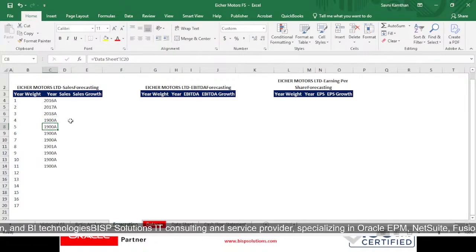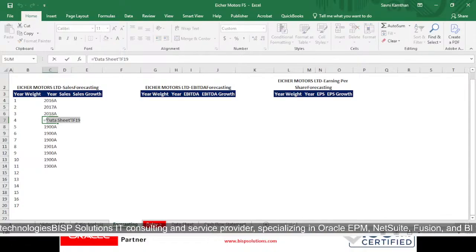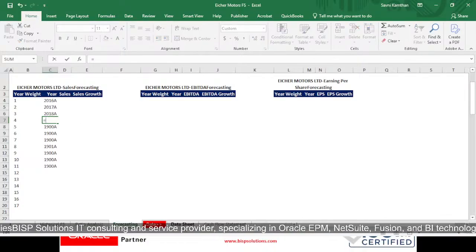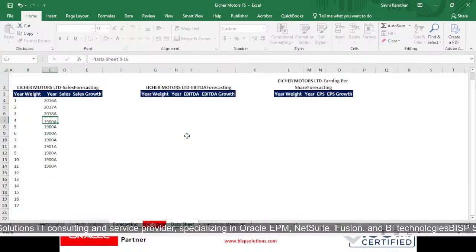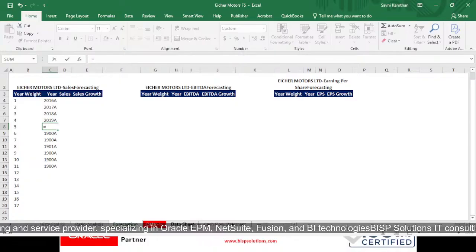F19, so it will be giving us 1900 only. Equals to, again we will be linking our whole data.